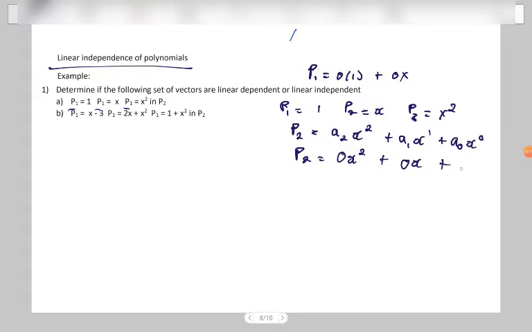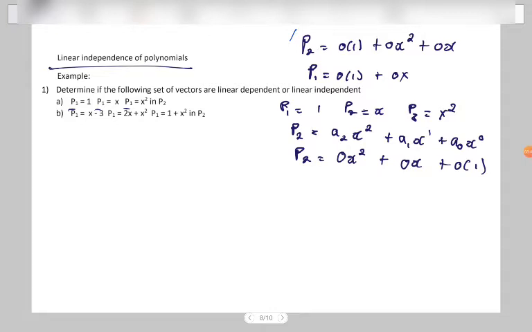This is 1, 0, 1, so I just write that in a reverse way. So p of 2 is going to be 0x squared plus 0x, or you can write it in any order. All right, now let's take a look at this one. We're going to use the same analogy.